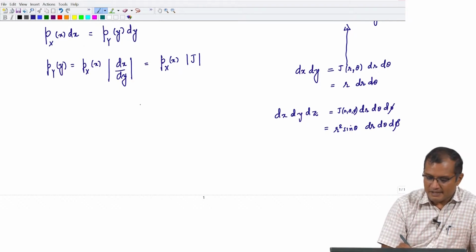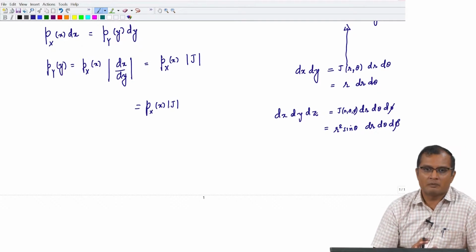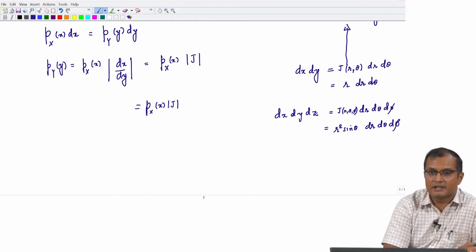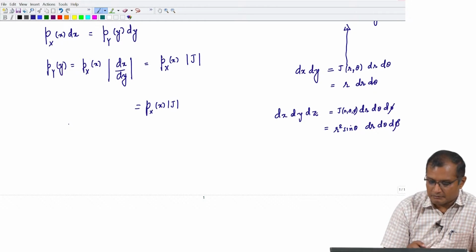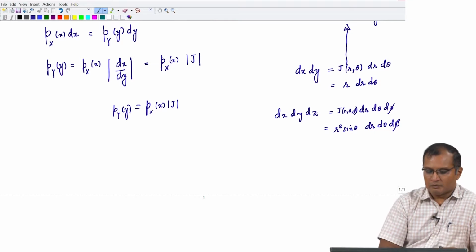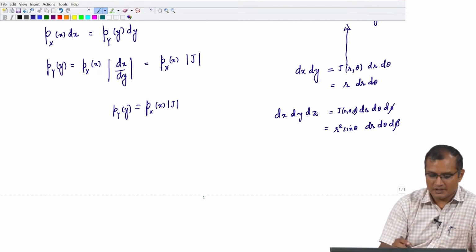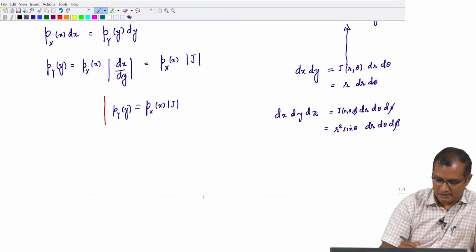So, I can write this as p of x dx into the mod of the Jacobian, because I do not want the probabilities to come out negative, the probability densities have to be positive. So, I have to guard it with this mod of J, and this will be my new probability density. So, this is going to be my result. That is as simple as it can get.